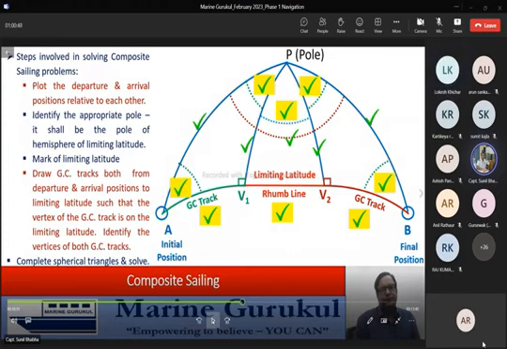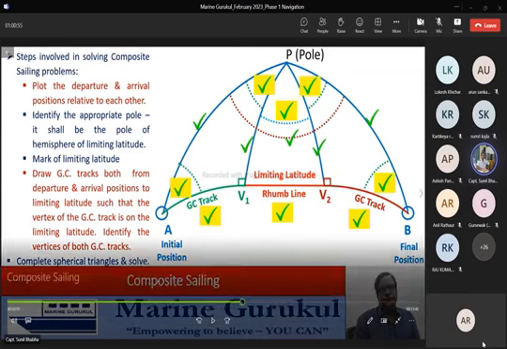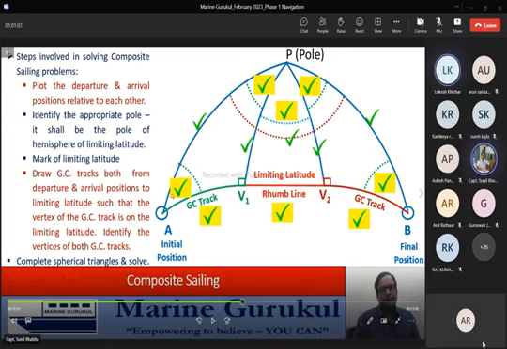It will come different, beta, because the great circle track which we were following in GC sailing and this track AV1 are different tracks. When you are going on different tracks, your course will be different. So angle A will also be different, beta. Okay, sir. Right. Any more doubt, beta?